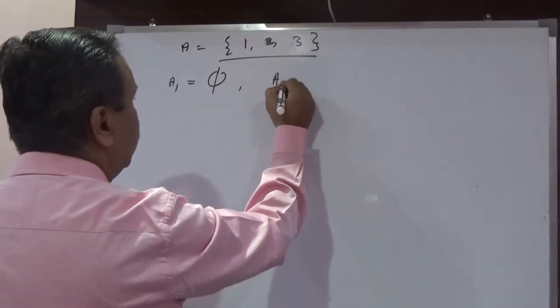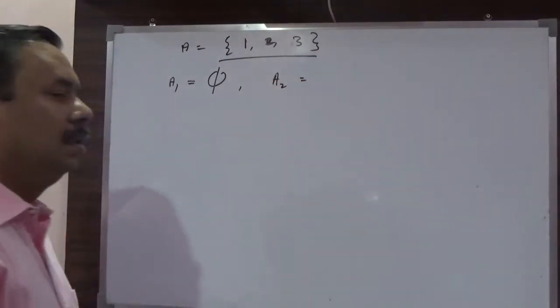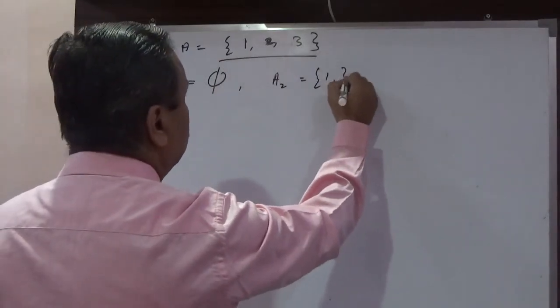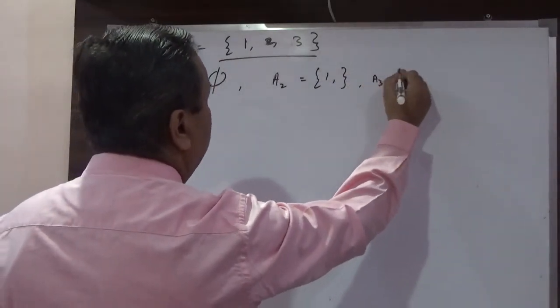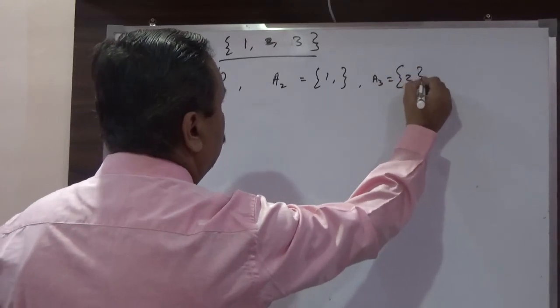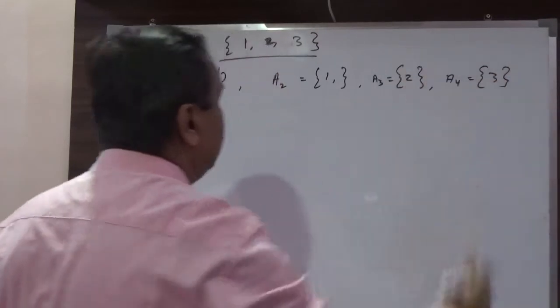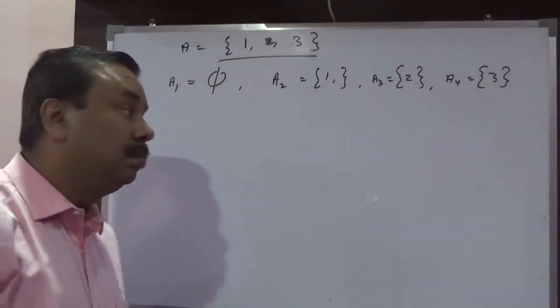The second subset, A2, takes single elements: 1. A3 will be 2, A4 will be 3. Can there be more? Yes.